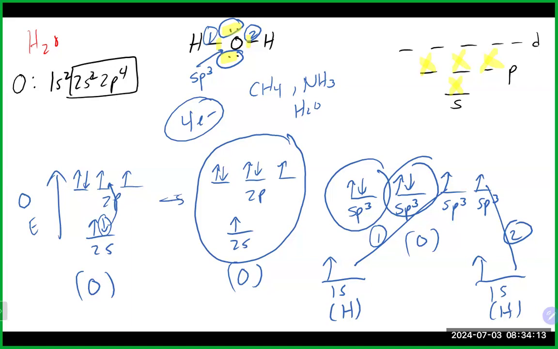So hybridization does account for, as you can see, all the bonds that we see, including the non-bonding electrons, and accounts for the geometry that we see in terms of the bond angle. Each of these has somewhere in the neighborhood of 109.5 degrees, as they're all tetrahedral. Water and ammonia a little less than that, but that is the overall angle that we see. Any questions on that there?